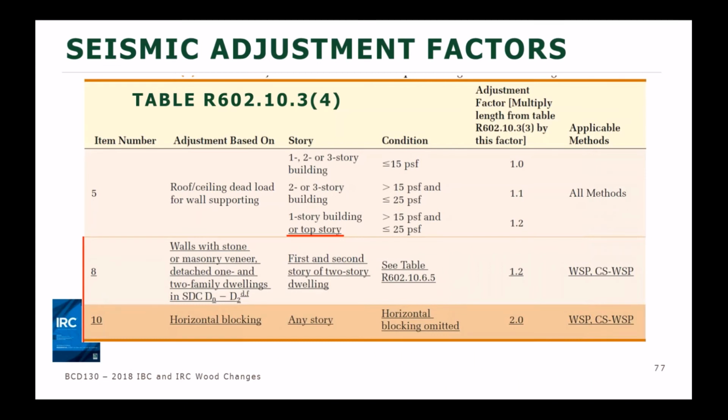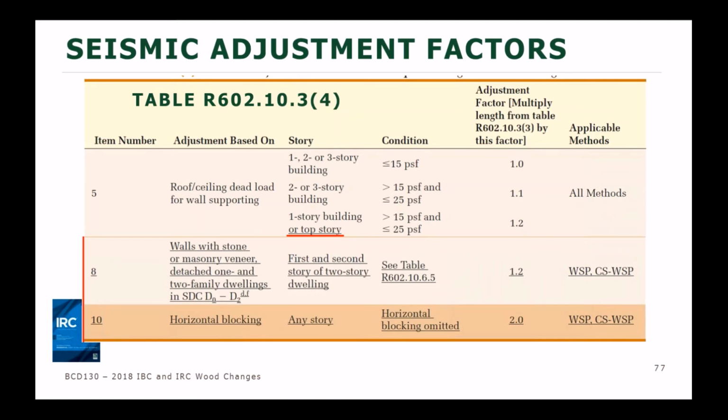So a concrete tile roof, clay tile roof would create more weight on the roof. And remember, we're looking at seismic adjustment factors. So we're looking at where a large earthquake is possible. And when a building is heavier, the seismic load to that building is greater. So by adding a heavy roof, we need to add wall bracing to deal with that greater weight.